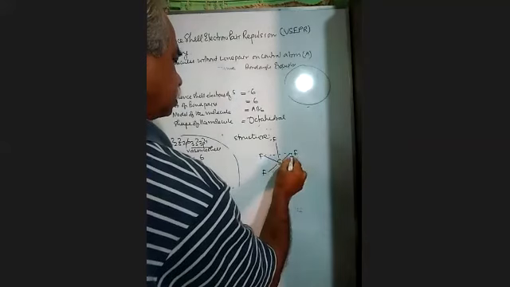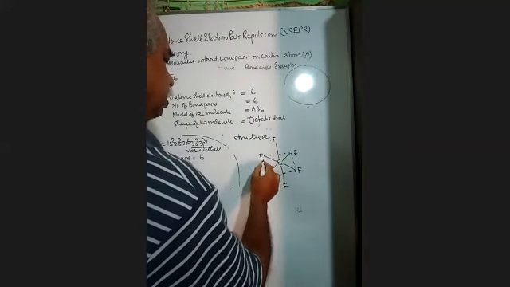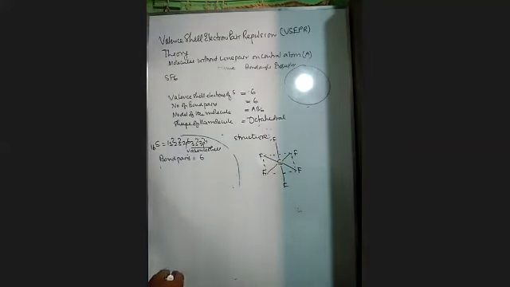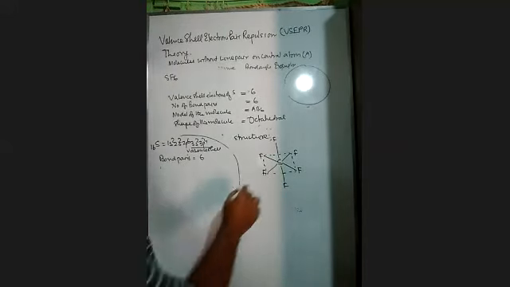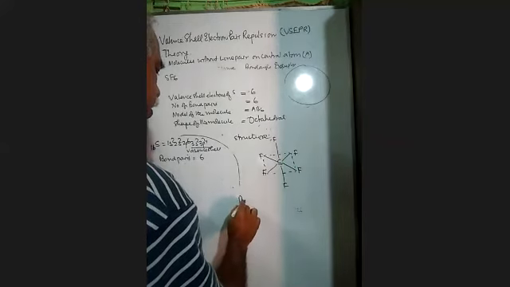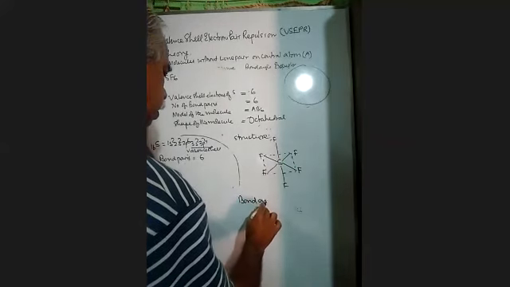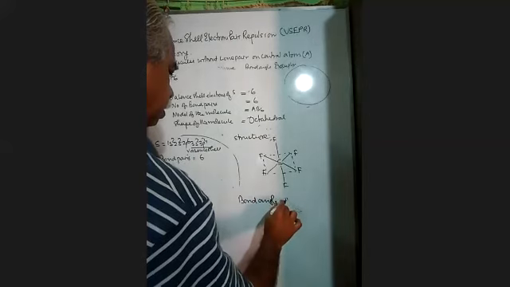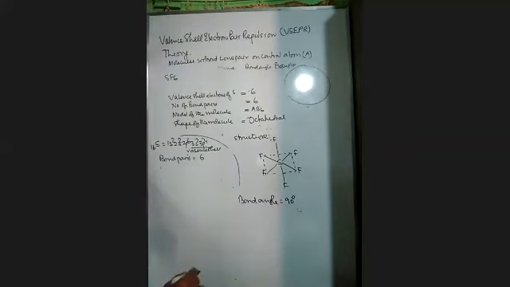When you give a three-dimensional approach, then you know it is octahedral. This is only one type of bond angle. All are 90 degrees. So bond angle is 90 degree.